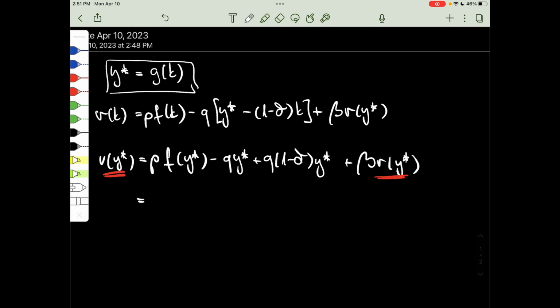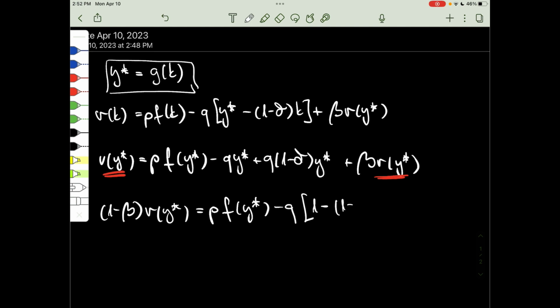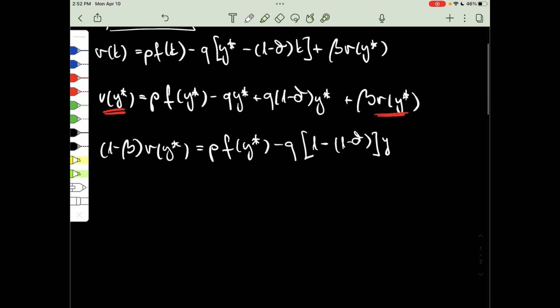So we can rearrange the value function in this form, from which it follows.